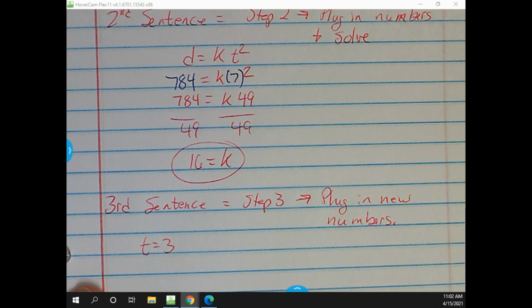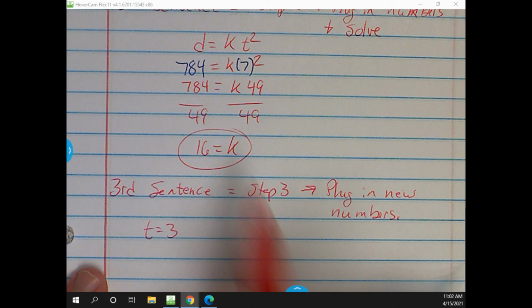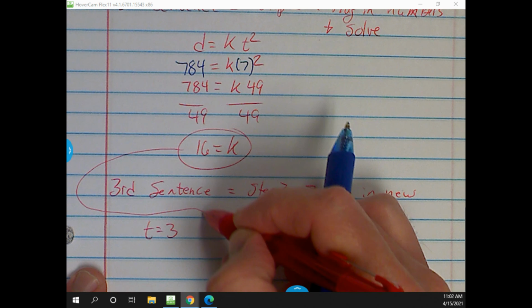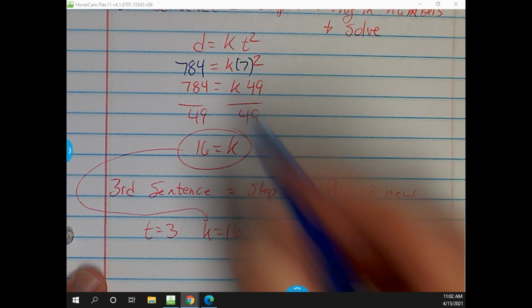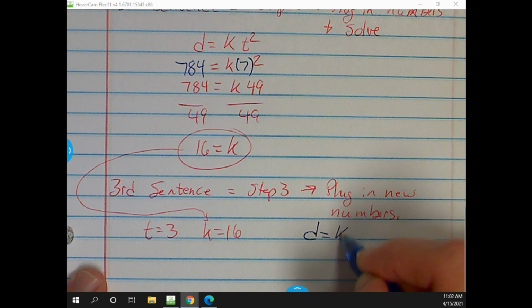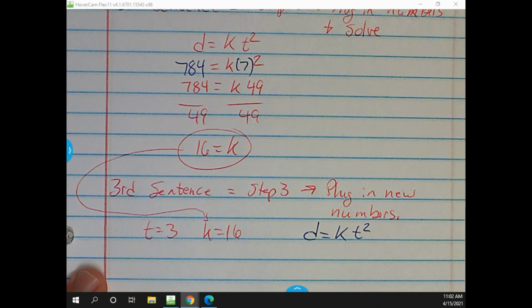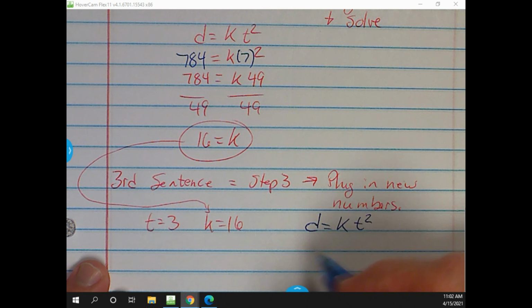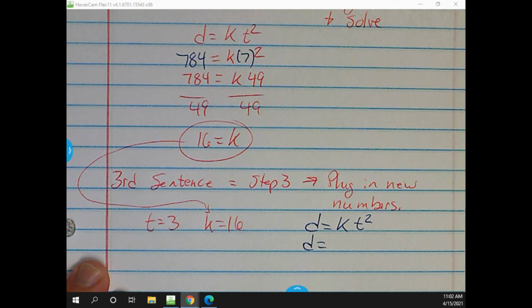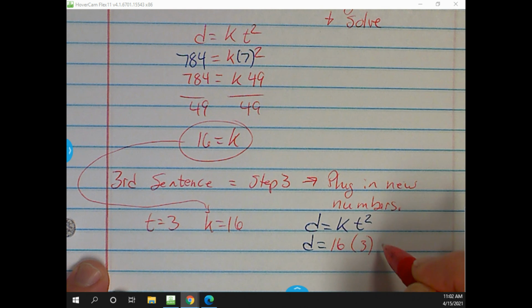And we're also going to use K is equal to 16, and plug that back into the equation from step 1. So d was equal to K t squared. Then you just plug in these two new numbers. So K was 16 and t was 3.